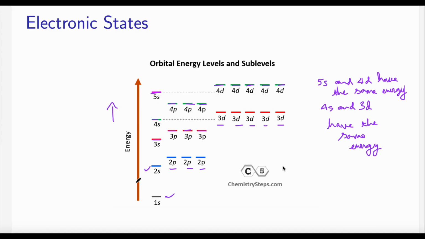That is how it works. The lowest energy is 1s, and then 2s, then 2p, then 3s, then 3p, then 3d and 4s have the same energy. Then comes 4p, then 4d and 5s have the same energy, and so on and so forth.